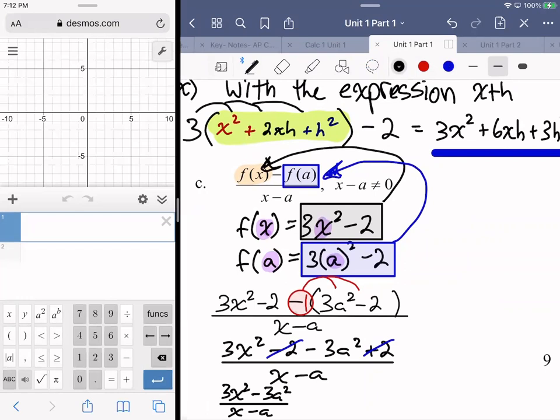We have a GCF up top. We can factor out a 3. But then what remains is actually factorable. So that 3 is going to be there in our final answer, but the x squared minus a squared factors to x minus a, x plus a. It's the difference of perfect squares.